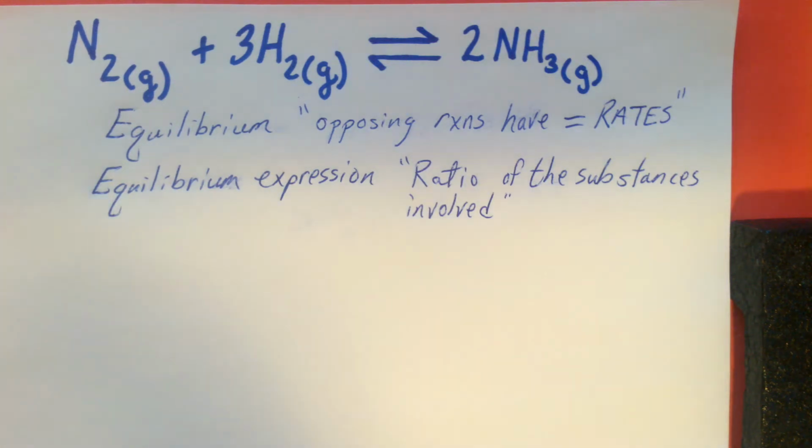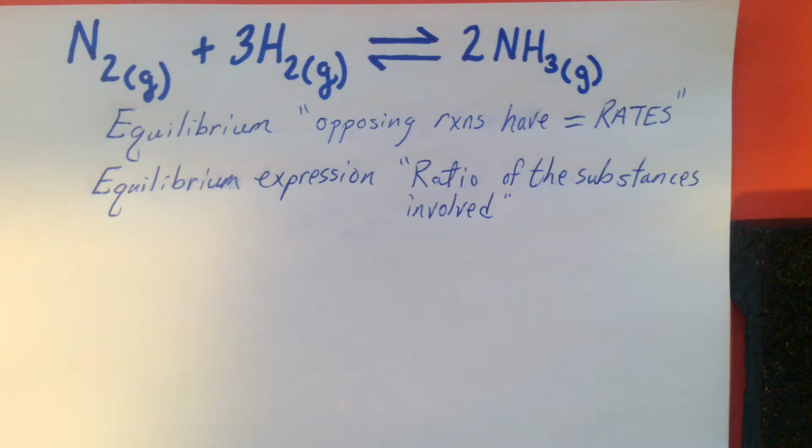The equilibrium expression helps us see the relationship between the concentrations of the reactants and the products at this equilibrium state. So Waage and Guldberg came up with the law of mass action, and it's the idea of writing the equilibrium expression to see that relationship between the concentrations.